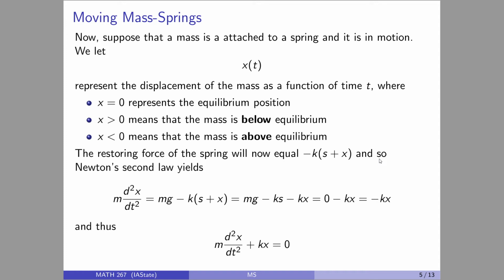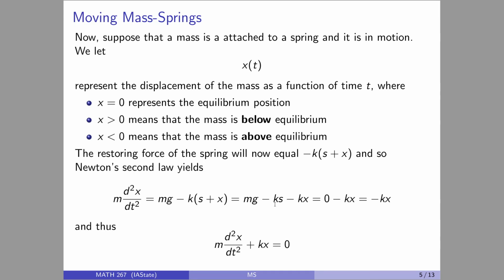Right, so mass times the acceleration needs to equal the sum of all of the forces. We are only assuming that the restoring force of the spring and the force of gravity pulling down on the mass, so the weight of the mass, are the only two things involved here. So that means we've got mass times the acceleration of the mass, which is the second derivative of x of t, equals the weight of the mass, mg, right there, plus the restoring force of the spring, negative k times s plus x.